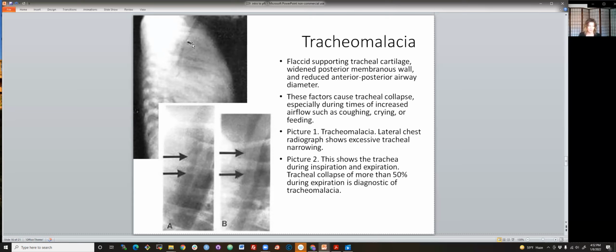You can see that right where this arrow is. In picture 2, you can see the trachea is open during inspiration, but during expiration, it closes quite a bit. So this is going to be a variable airway obstruction that you can see on a PFT flow volume curve.